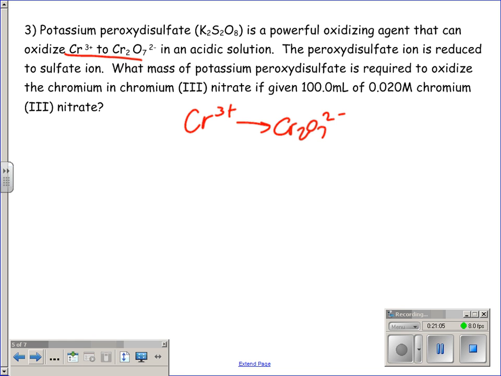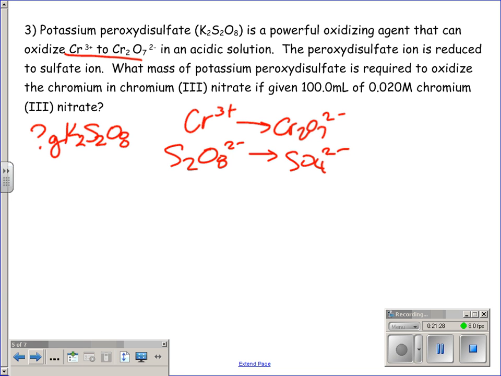In acidic solutions, peroxydisulfate ion is reduced to sulfate. Guess what? You don't have to predict a darn thing. It's very abnormal for you not to predict a darn thing, but it's here. So that is going to be reduced to sulfate.